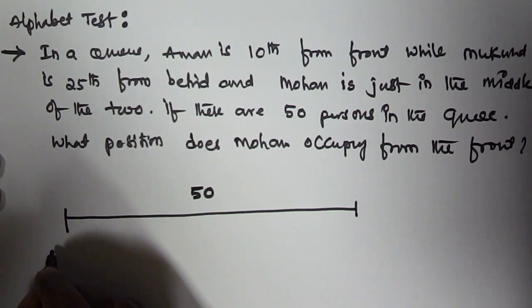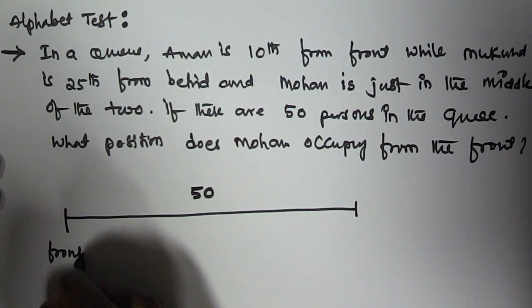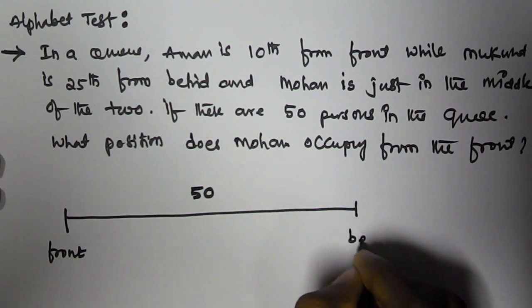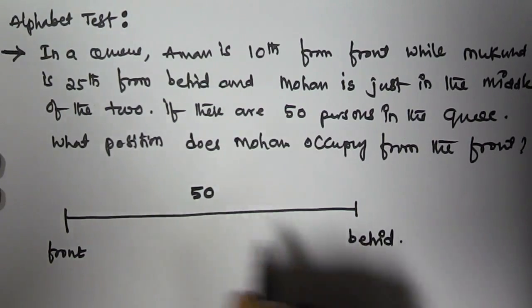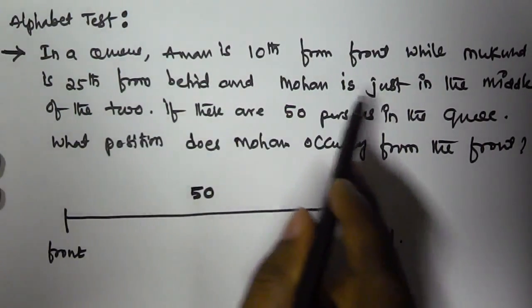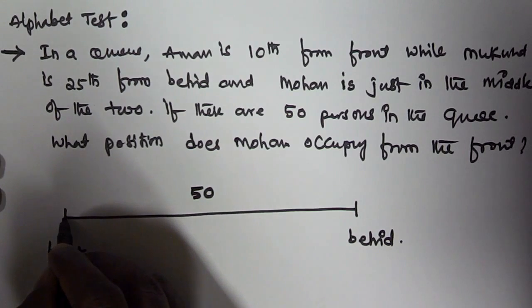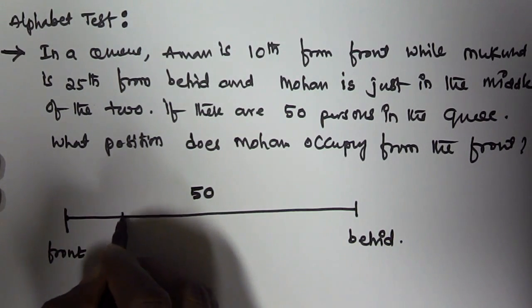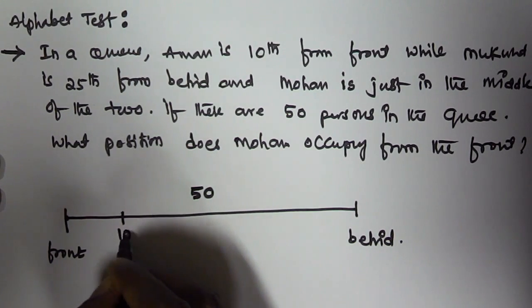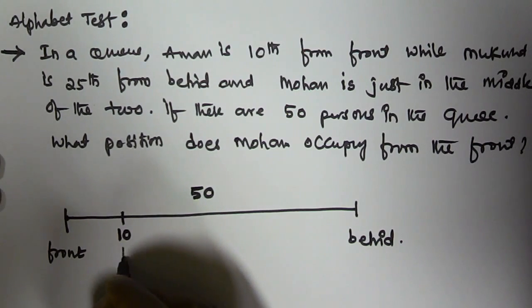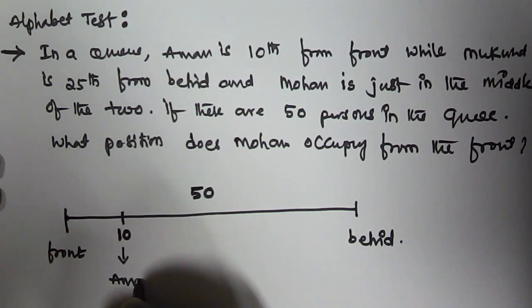This is the front, and this is behind. Aman is 10th from the front, so somewhere here, 10th position, Aman is there.